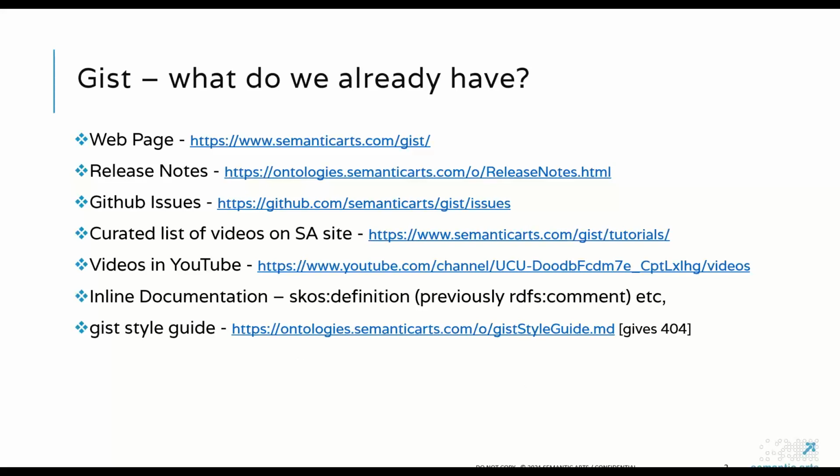Is that Peter, is our style guide a dead link now? Yes, that exists now in the GitHub repository. The link is a bad link because it was auto-generated from a relative link in the release package, but you can find it in the gist repo under docs.